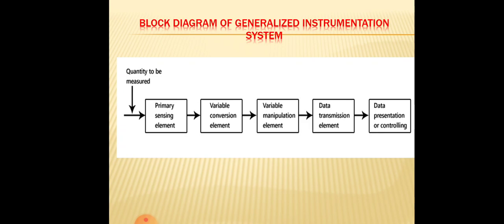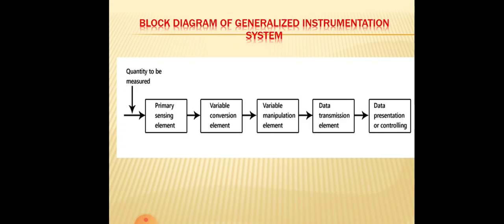So it is a variable conversion element. It means it will convert that physical quantity into a particular signal. Okay, so the physical quantity is converted into a particular signal. It may be an electrical signal. Then this data is given to the variable manipulation element.